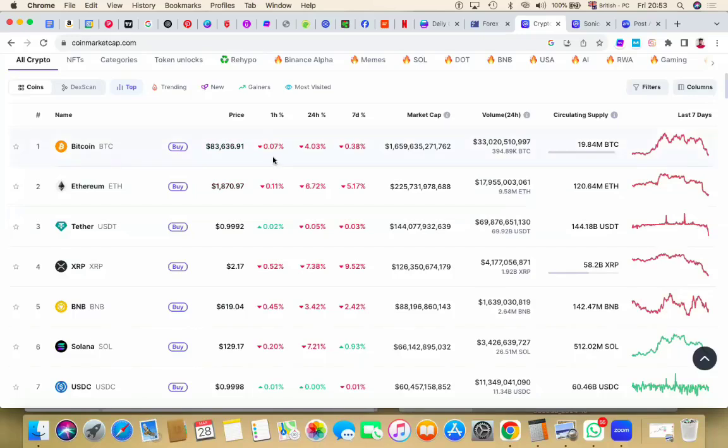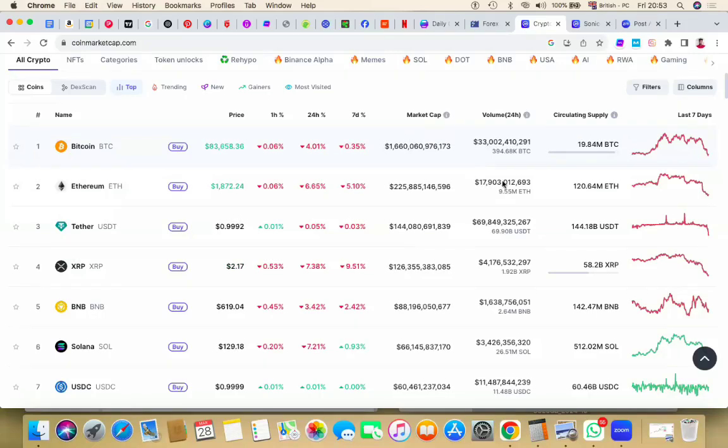The market has gone down 0.07% in the last 1 hour. In the last 24 hours, we've seen the market down 4.03% on Bitcoin, right? And in the last 7 days, the market dropped 0.36%.